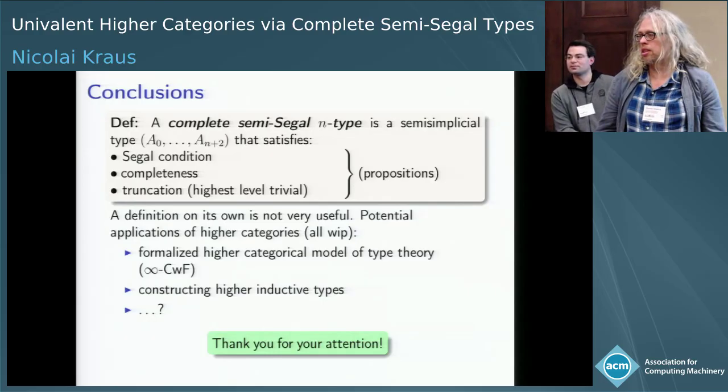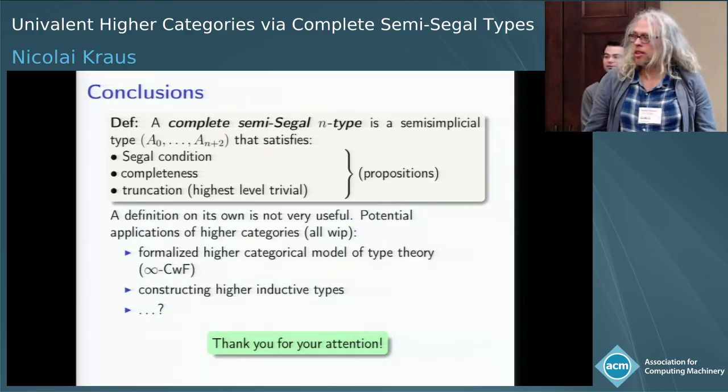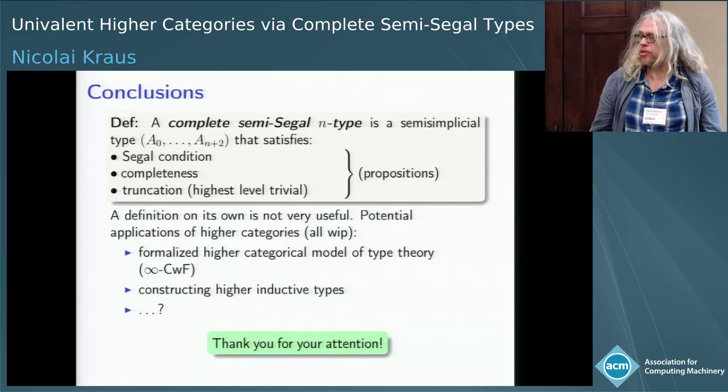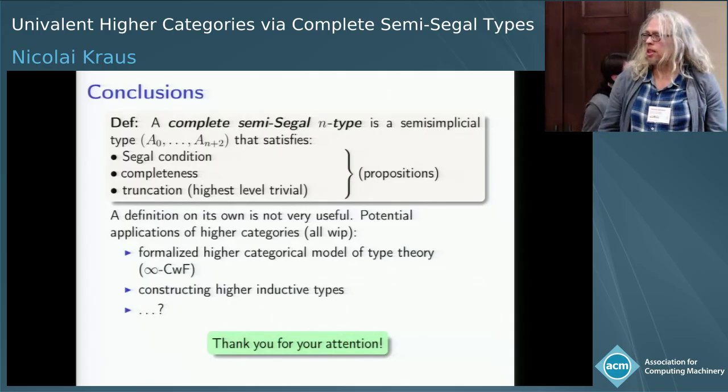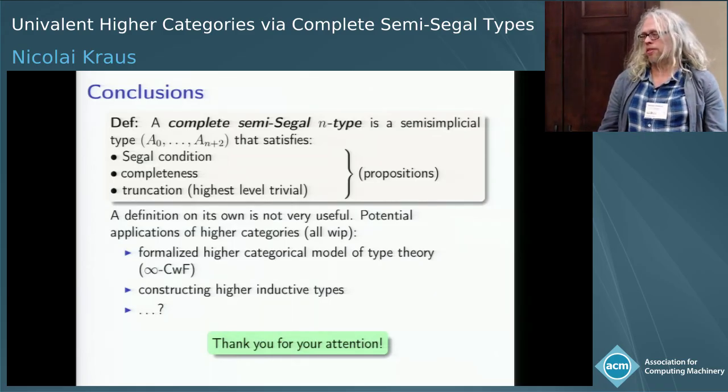Your initial example about the slice categories, how does it apply here when you actually truncate? Yeah, so when you truncate, then the last datum which you would need for the slice category becomes trivial. So it's like for ordinary categories, in standard mathematics, associativity is just some equality.